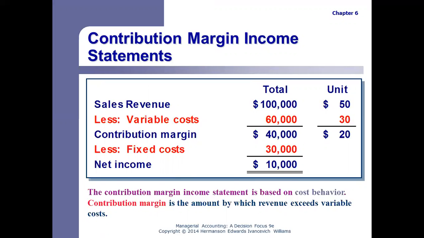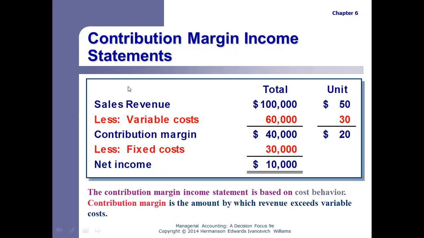Contribution margin income statements, as we saw in a previous chapter, are just a different formatting from the traditional income statements that we've seen in the past in your accounting or management 510, MBA 510 classes. It starts off with the sales revenue, just as the traditional income statement does.